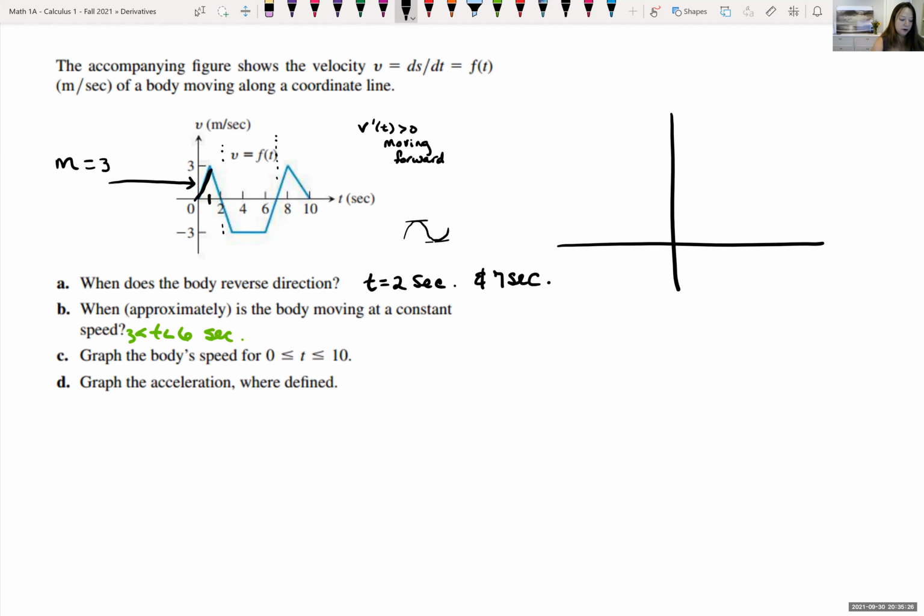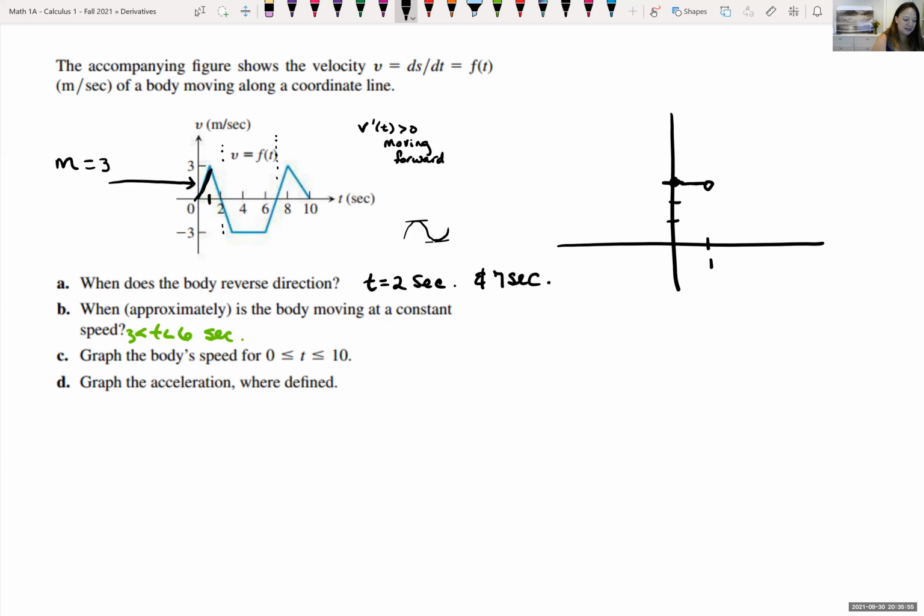So between 0 and 1, I have a horizontal line at 3. Recall that the derivative doesn't exist when we have sharp turns. And so we're going to put an open circle here at this sharp corner at t=1.